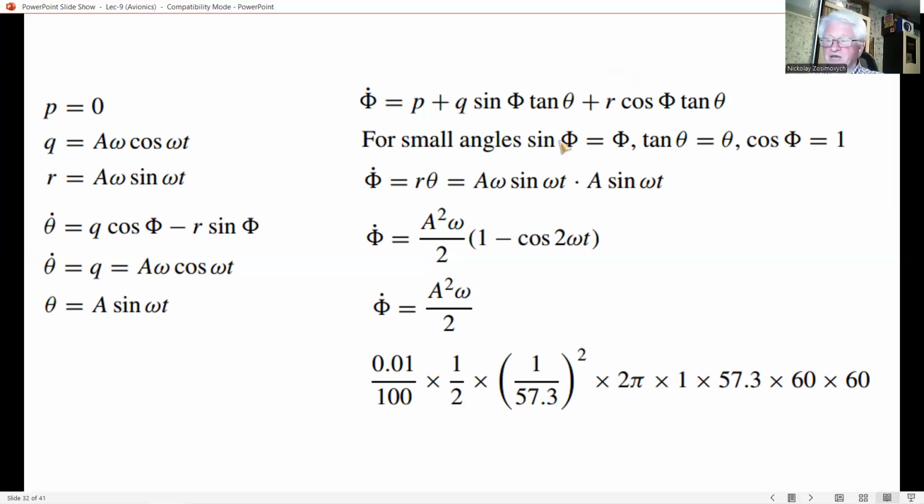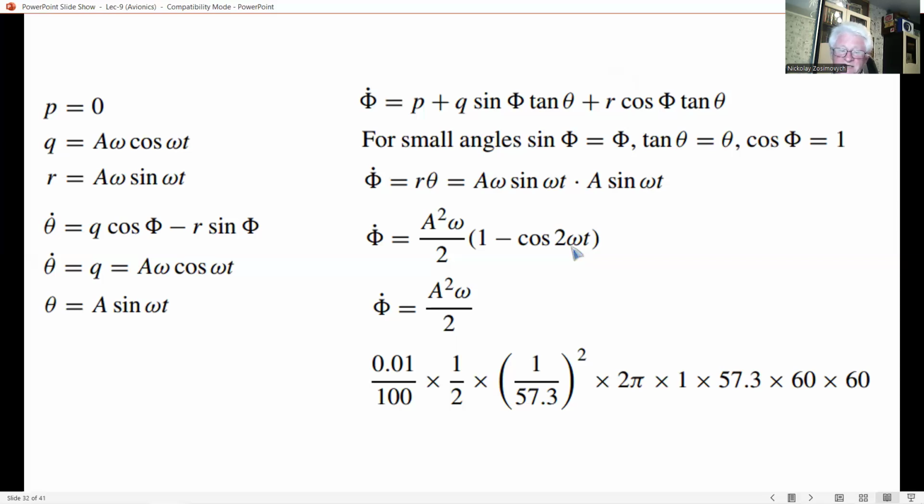And for small angles, we can write sine φ gives us φ, tangent θ simply θ, and cosine φ gives us 1, approximately, neglecting second order terms, as we can see here: φ dot equals Rθ, or Aω sin ωt times A sin ωt. Another way, we can rewrite ω dot proportional to A squared ω times 1/2 times (1 minus cosine 2ωt).